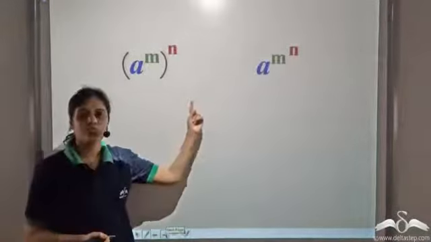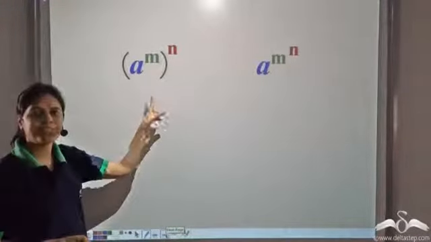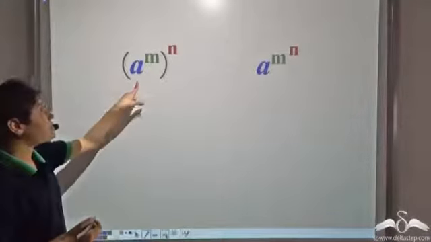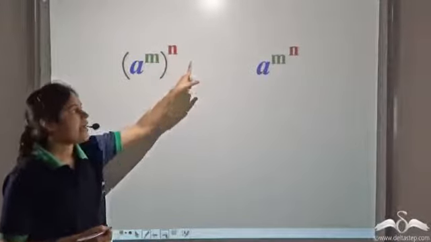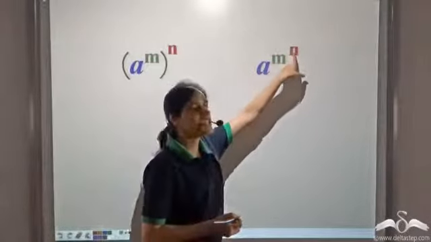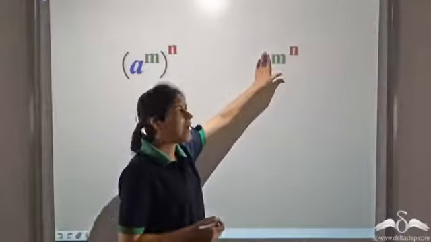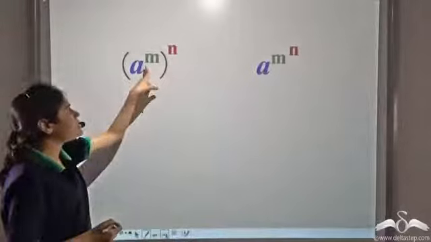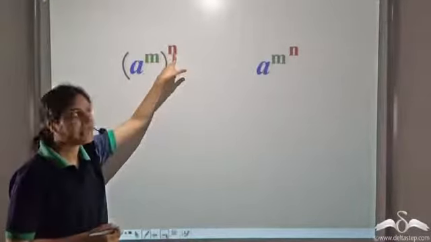Now look at these two. Are these two equal, or does putting these brackets make a difference between these two expressions? This is (a to the power m) whole raised to the power n, and this is a to the power (m raised to the power n). So in this, base is a and the exponent is m to the power n. In this, base is a to the power m and exponent is n.